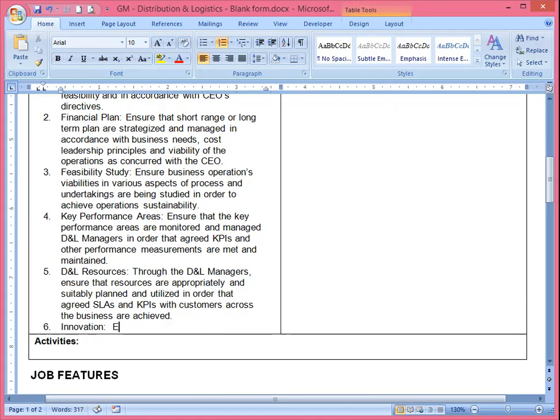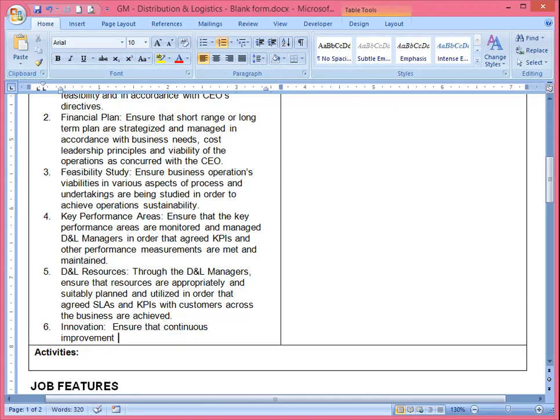Ensure that continuous improvement, or CI, is done. When ISO is conducting an audit, they're always looking for continuous improvement, whether the company is doing it.